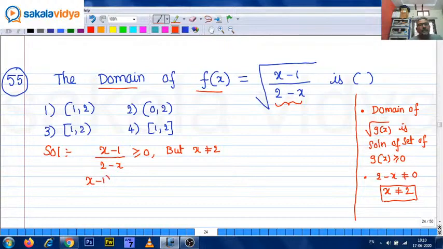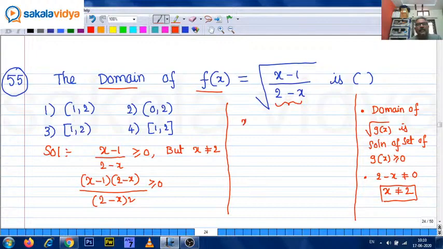You get (x minus 1) into (2 minus x) upon (2 minus x) whole square, greater than or equal to 0. By cross multiplication, (x minus 1) into (2 minus x) is greater than or equal to 0, since (2 minus x) square is a positive value. To make the x coefficient positive, multiply with the negative sign: (x minus 1) into (x minus 2) is less than or equal to 0.